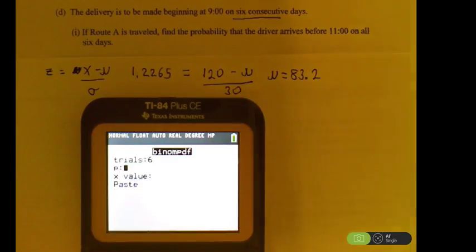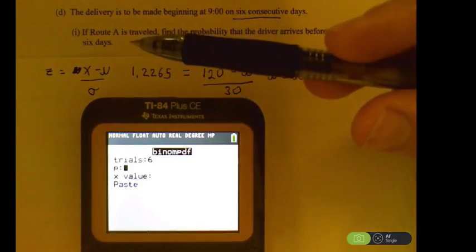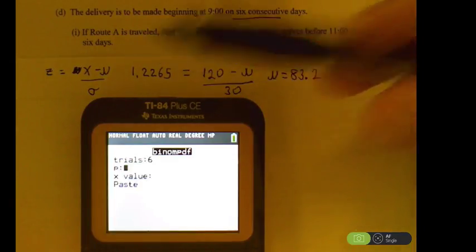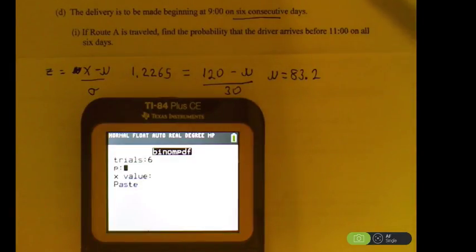So remember, this is for route A. And we found that the probability that it would take more than 2 hours was 5.48%. So in this case, we want to know the probability that it's before 2 hours, or less than 2 hours. So it's 1 minus the answer that we had, right?